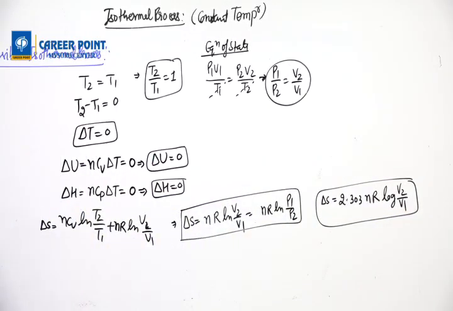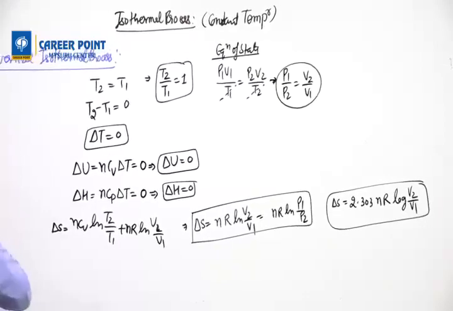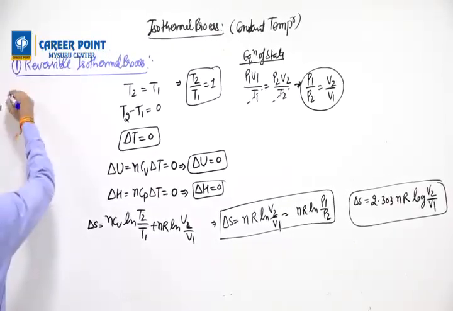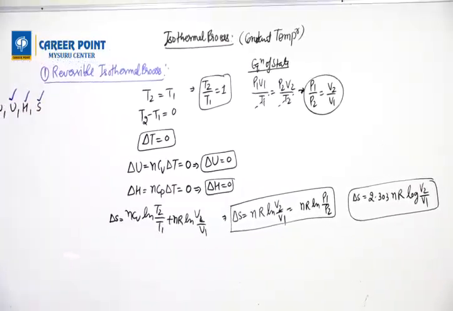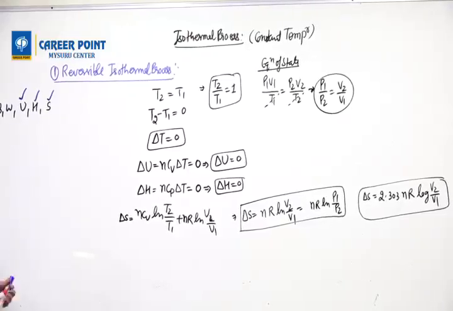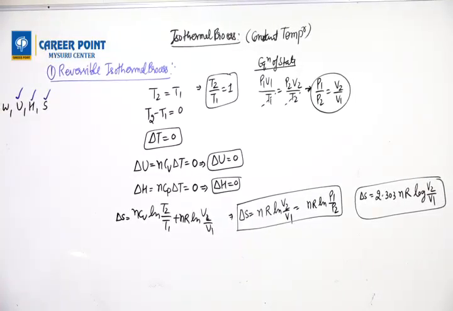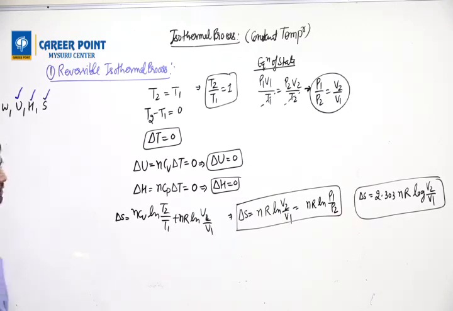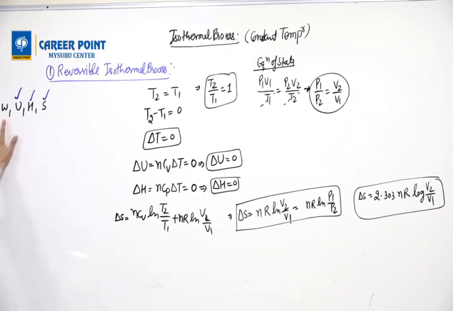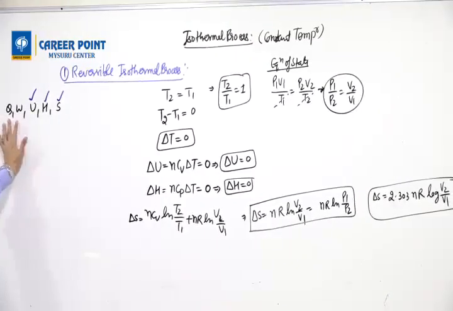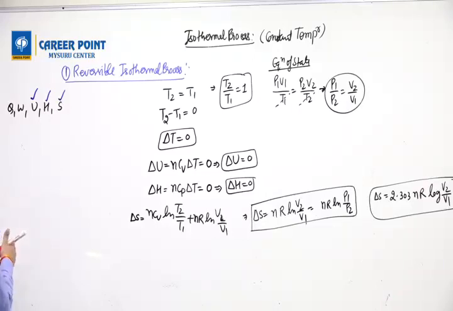So now I have calculated these also. Okay, so once I have done this, only two things are remaining, Q and W. So now I am going to solve for Q and W.